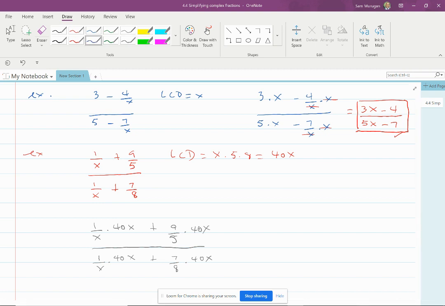And now we look at what can cancel out. This can cancel out, x and x. And 5 into 40 is 8. X cancels out with x here, and 8 into 40 is 5.